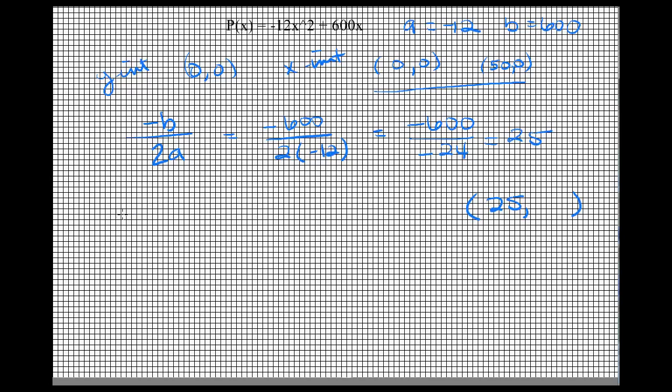Now we have to find y. To find the y-coordinate, we take this x-coordinate and plug it back into the original equation up here, and then solve for y. So 25 to the second power is 625.